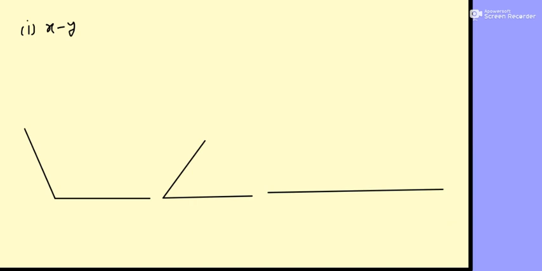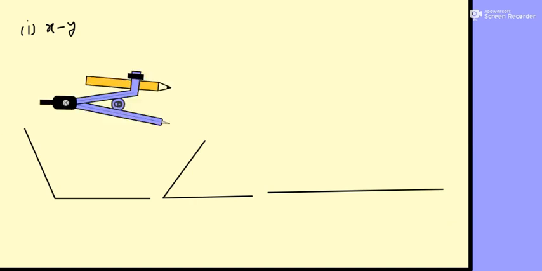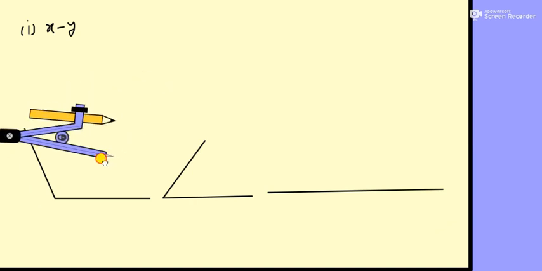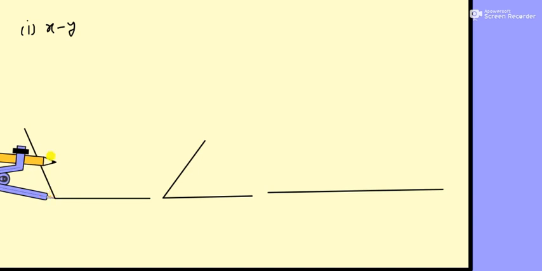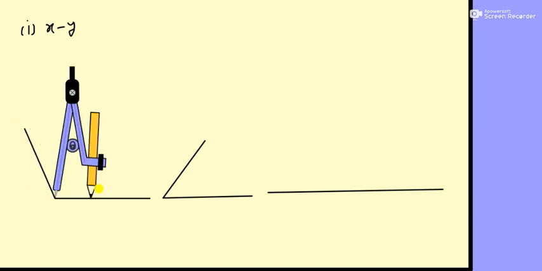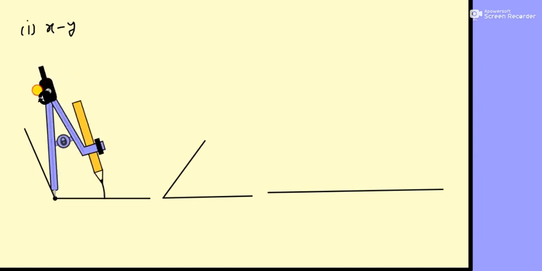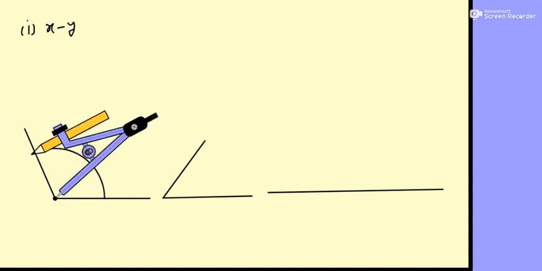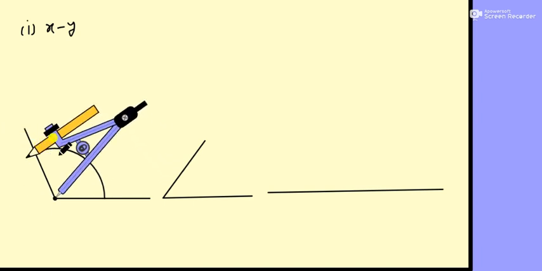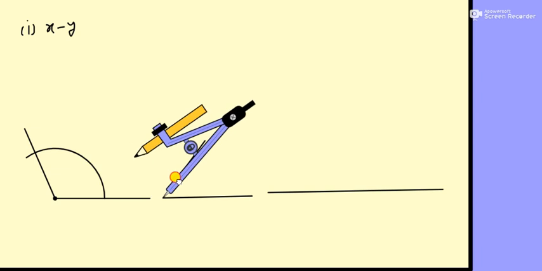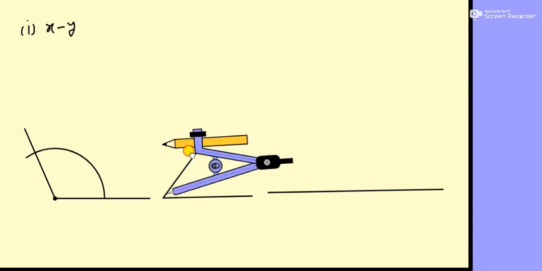Now remove the scale and take a roundel like this, and take it at this point, with the pencil here, and take some distance like this. Okay, now make like this. It is your x angle, and now the second one is the y angle.